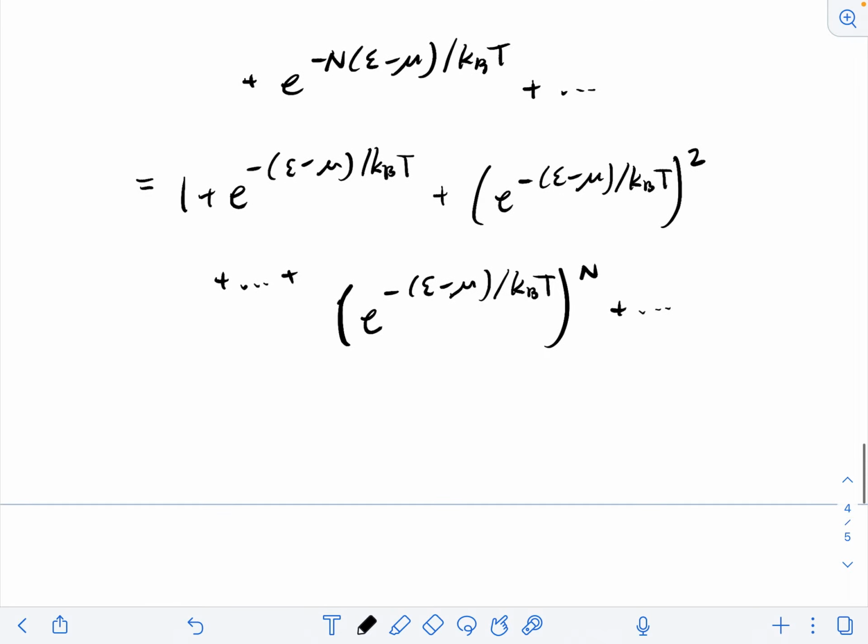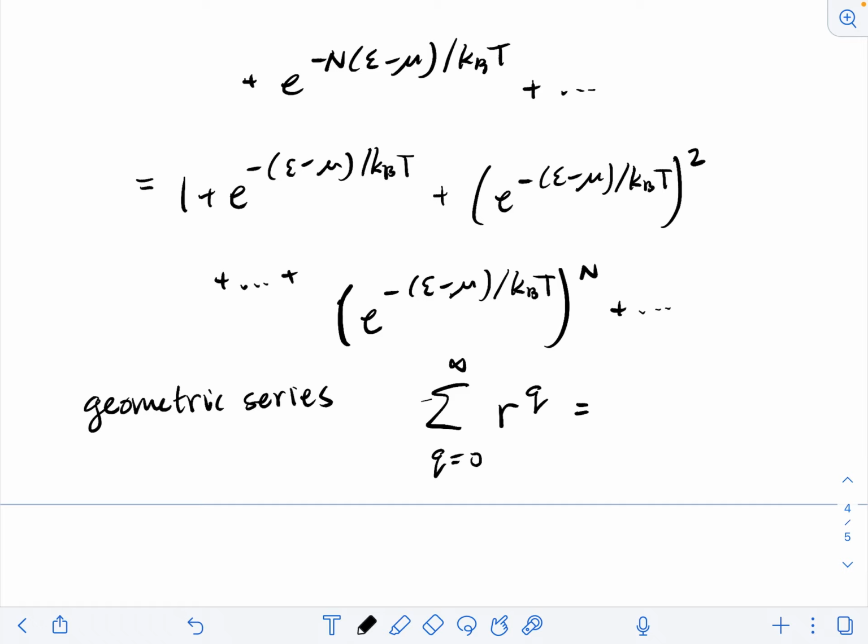And so this is a geometric series of the form, say, the sum from q equals 0 to infinity of r to the q, which has a definite solution.